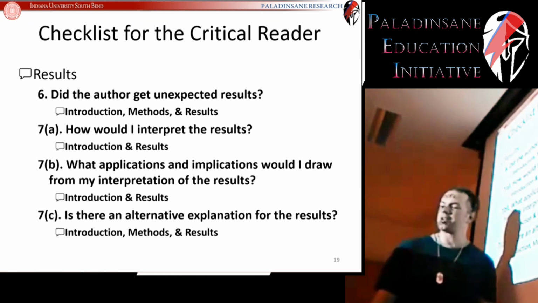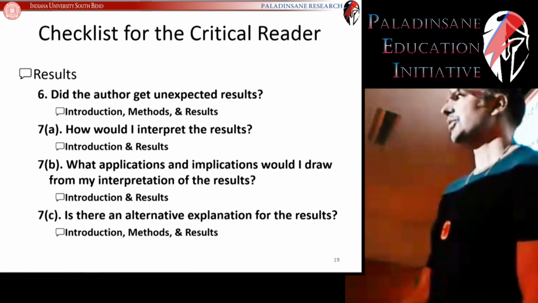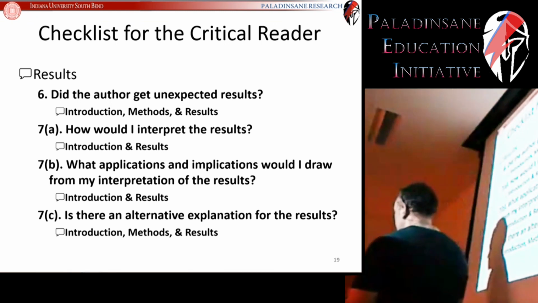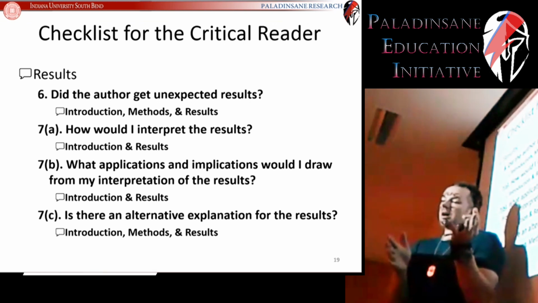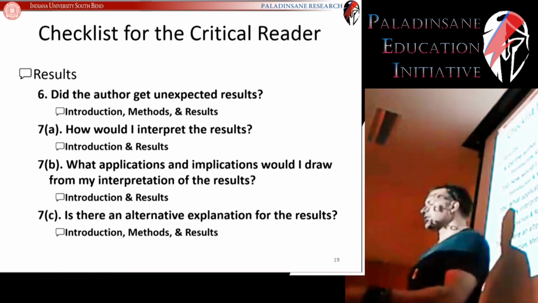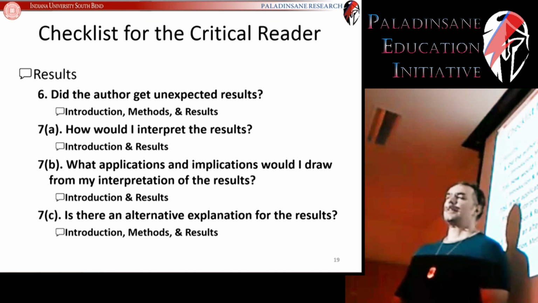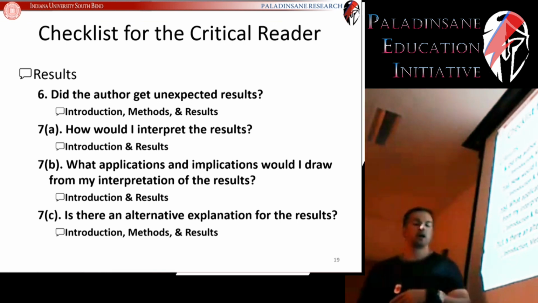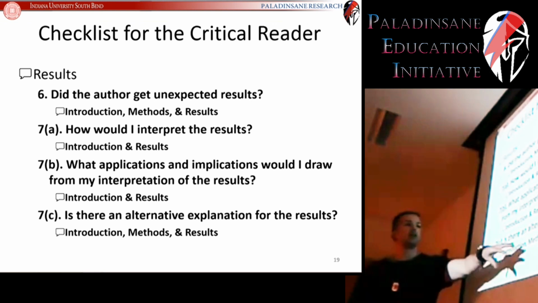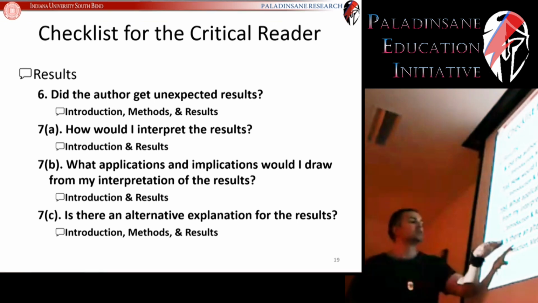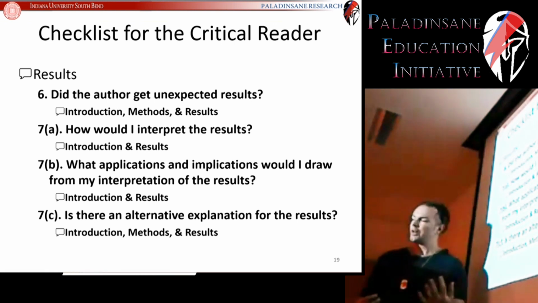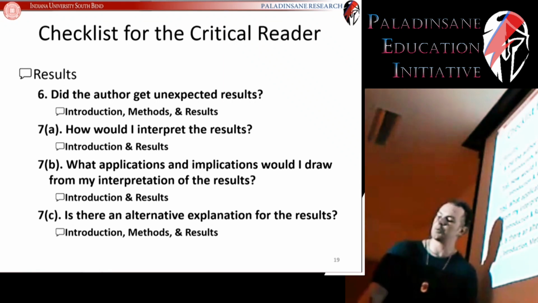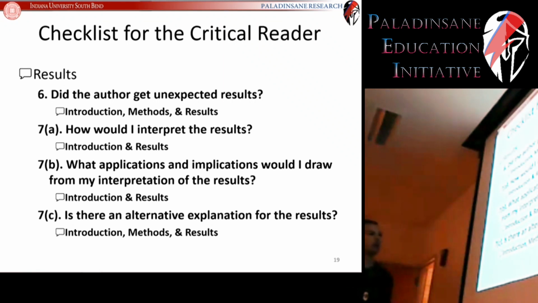Is there some other factor that could have accounted for the results? Is there some other unmeasured or unaccounted for variable that could have caused this? Could the results have changed because of who ran the experiment? So see if there is some sort of alternative explanation, some other interpretation of the results that you can come up with.